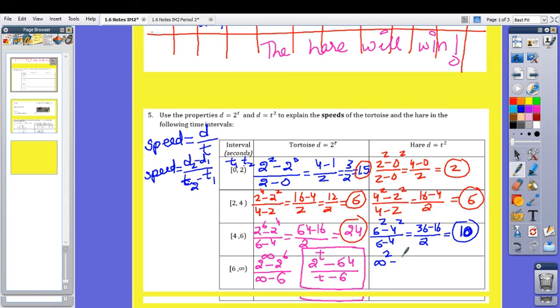Infinity squared take away 6 squared over infinity take away 6. Now since we do not know what exact value we are looking for, instead of using infinity we will use t. So t take away 6. So this pretty much gives us the speed formula for the hare.